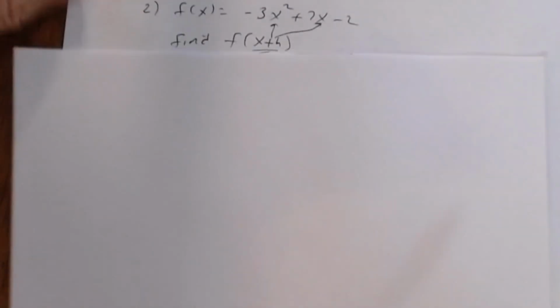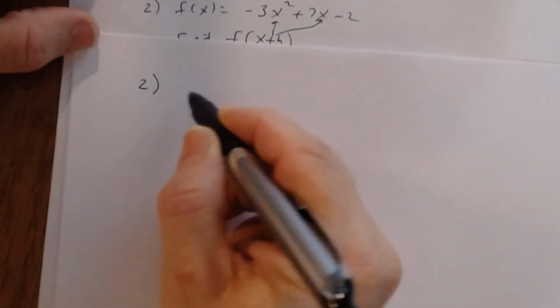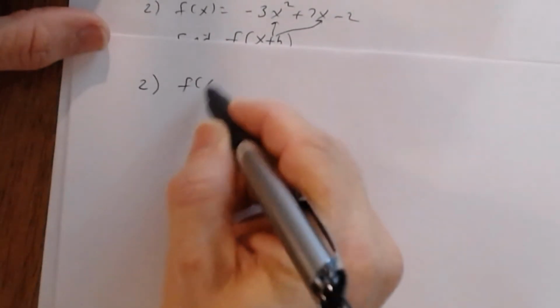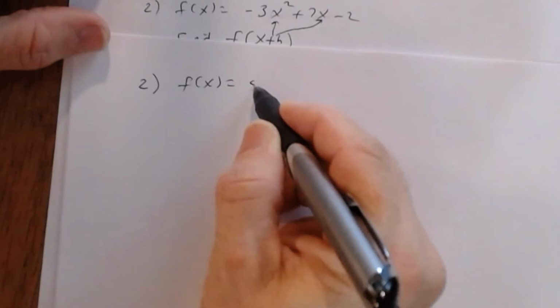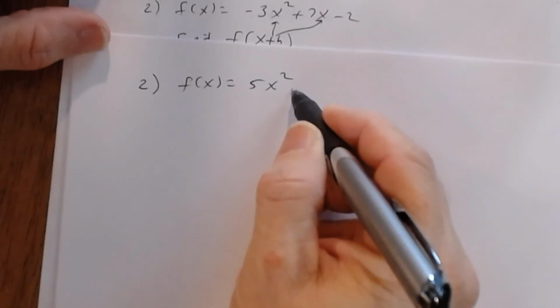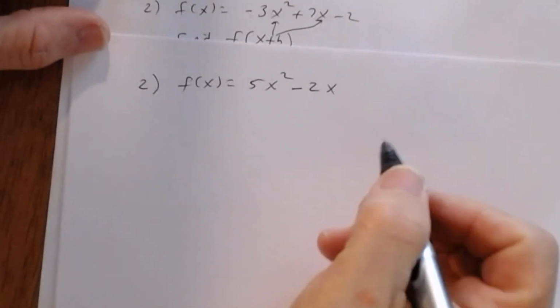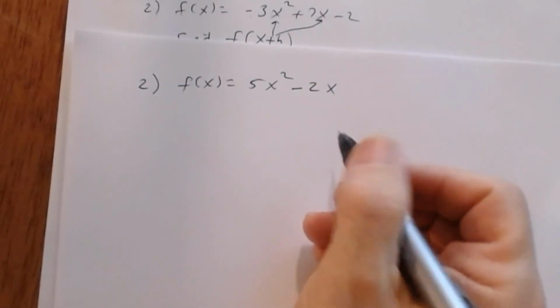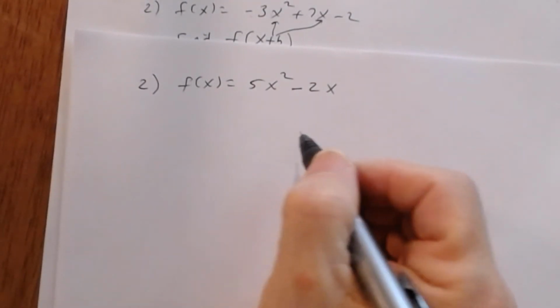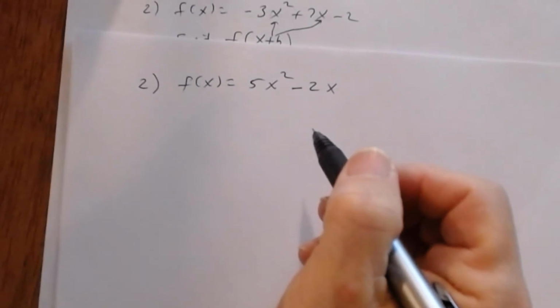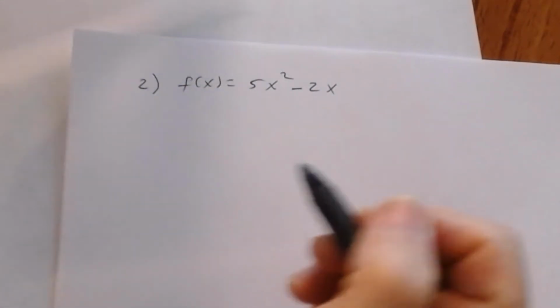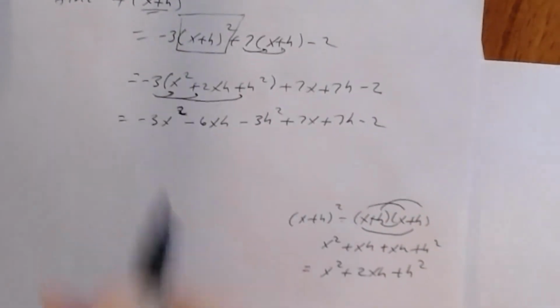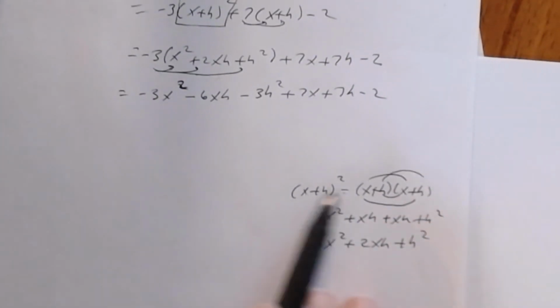All right, a quadratic one. So this will be number 2. Okay, number 2. So let's suppose in number 2, we had f of x is equal to 5x squared minus 2x. All right? Now notice this time it's quadratic, so you're going to notice in a little while that since it's quadratic, I'm going to have to use this idea right here.